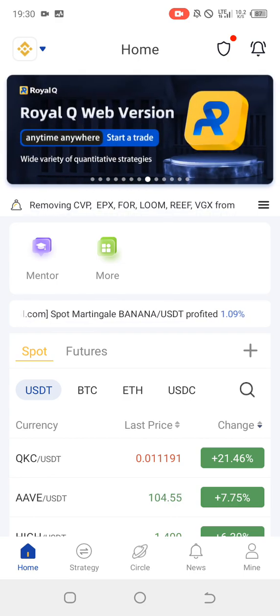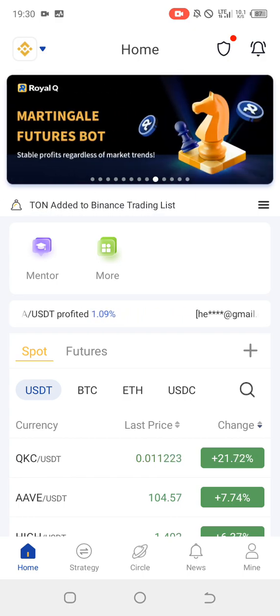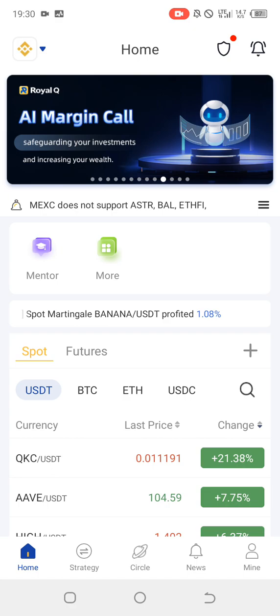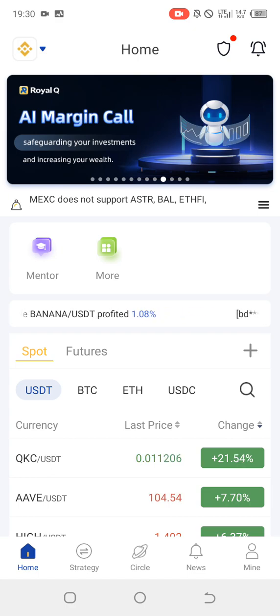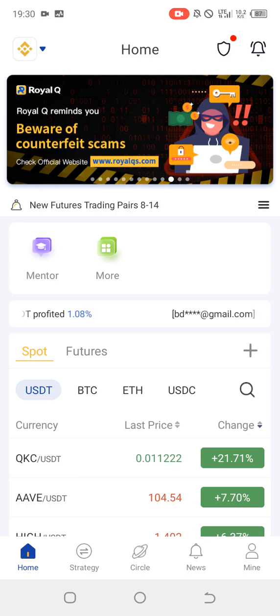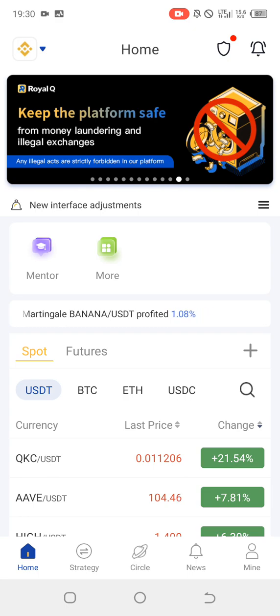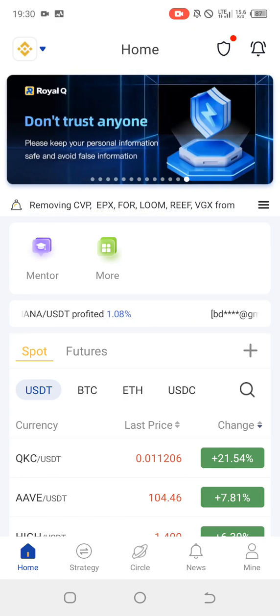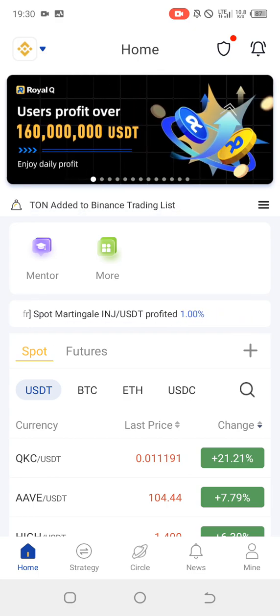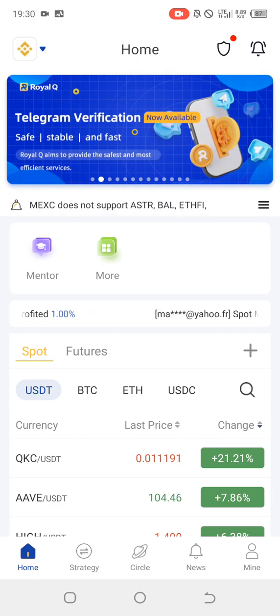Now, we have both novice and expert traders right here on Royal Q. There are a few things you need to know about the indicators that Royal Q has added, so that when you are picking trades and you want to apply those indicators, you would have knowledge of why you are picking those indicators and the expected outcome of it. I will make this tutorial as simple as possible, so that even a novice would understand the meaning of those indicators.